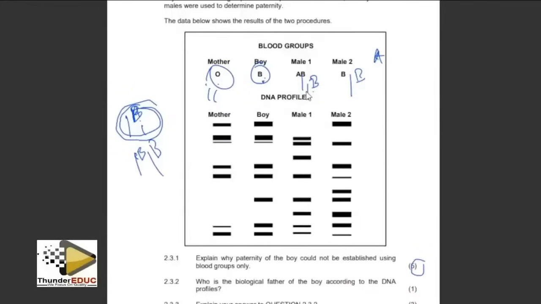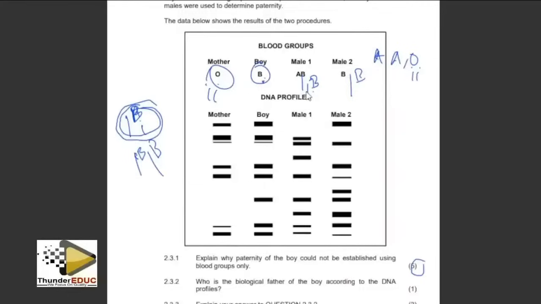And another man who is blood group O cannot be. So blood group A and blood group O are wiped out. Why? Because if it is small i, the boy is blood group B. There is no way this boy is going to get a B from the father who is blood group O, yet the mother is already known to be blood group O.